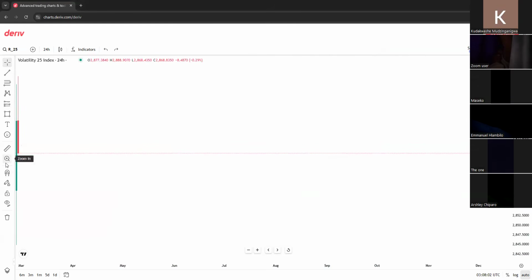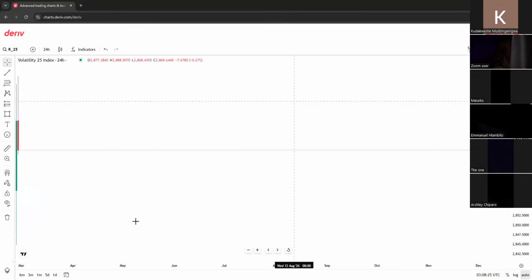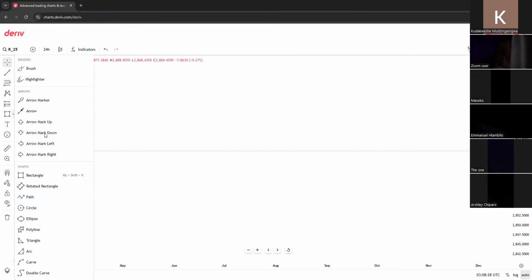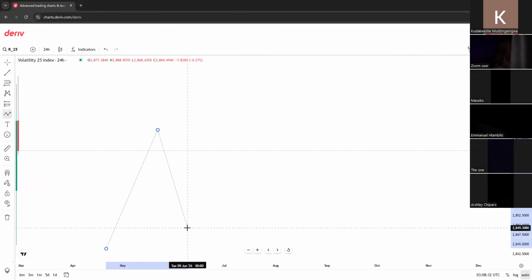Now, just like gaps, the same application that we did on order blocks, we can have fair value gaps and we can have as many of them in a trend. So let's do this. I'll show you. Let's say we were in an uptrend again, right?